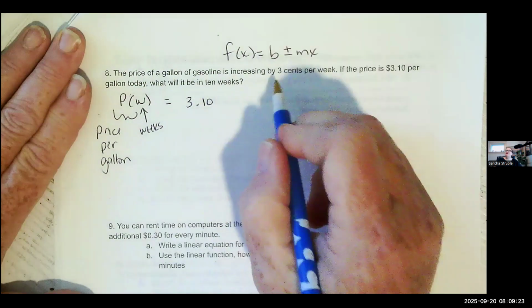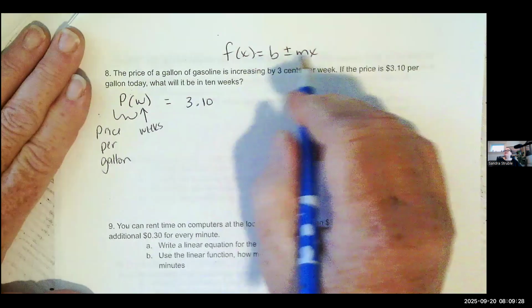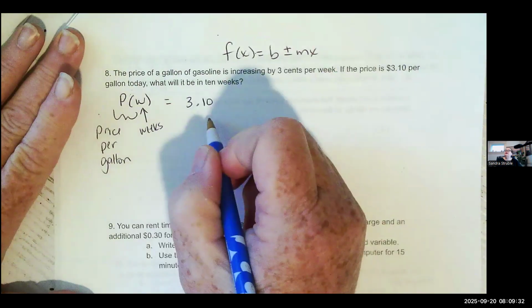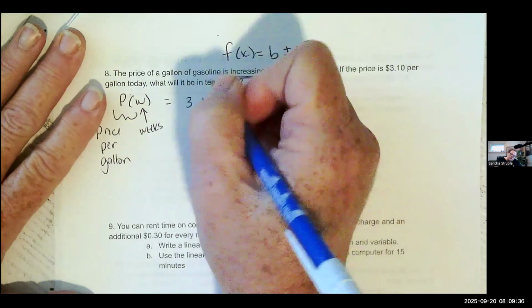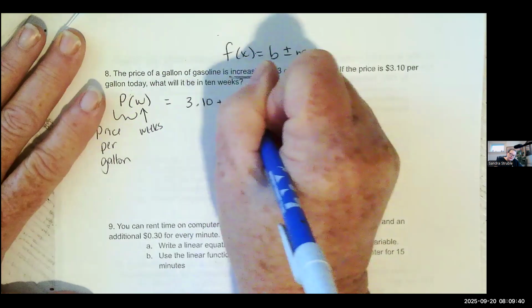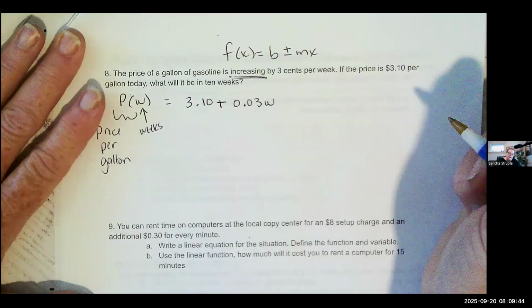I know you have mx plus b in your wheelhouse. Use that if you prefer. This is just what I prefer with word problems because it makes more sense. Because the price is $3.10 and it is increasing, so I just have to add 3 cents per week. And 3 cents is represented like this, and week is W. So there's my linear function.